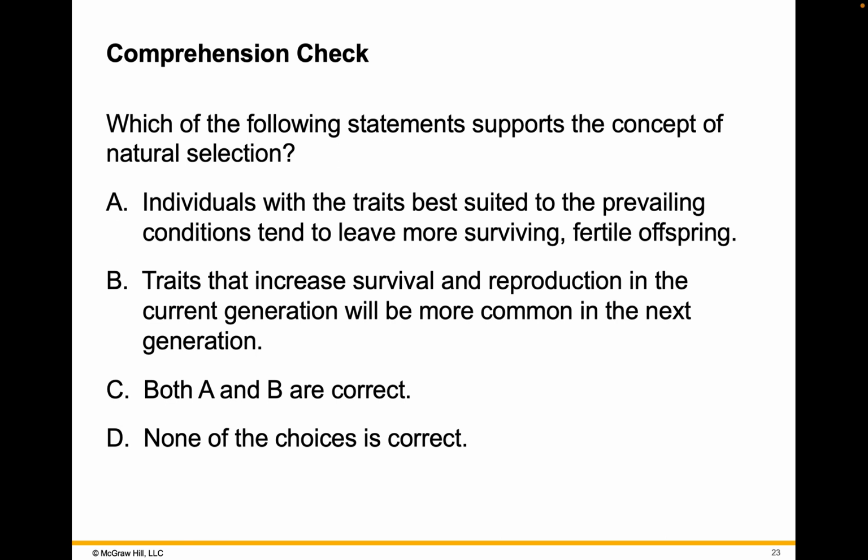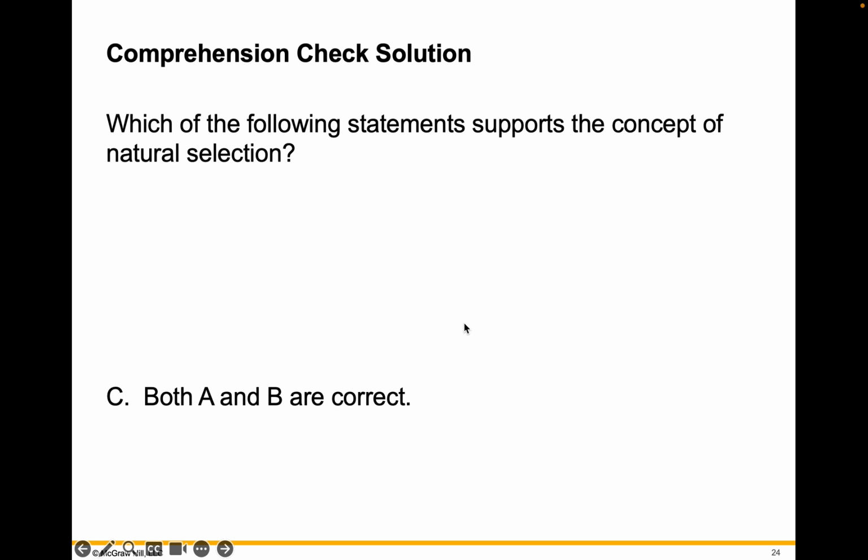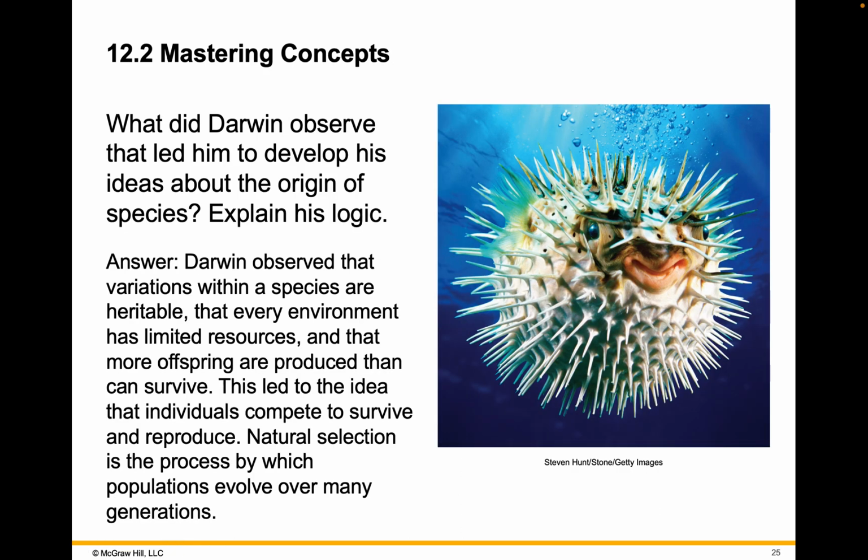The best answer is A and B are both correct. All right. So what did Darwin observe that led him to develop his ideas about the origin of new species? Explain his logic. Write down an explanation to address this question in your own words.